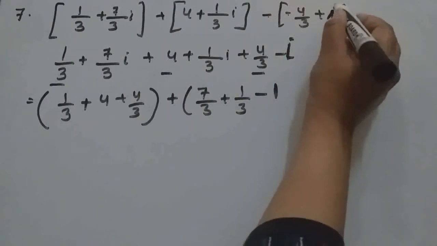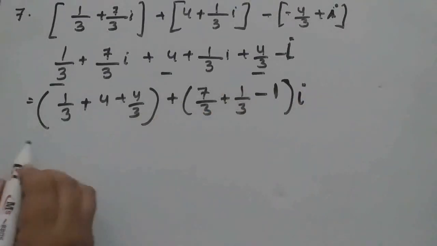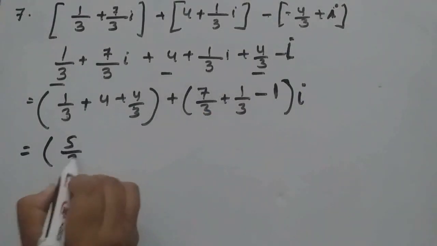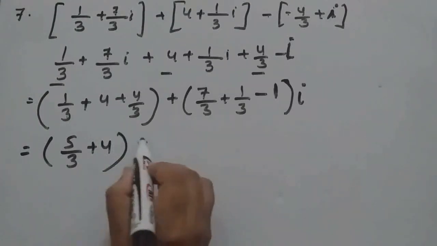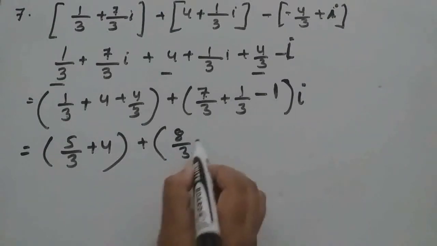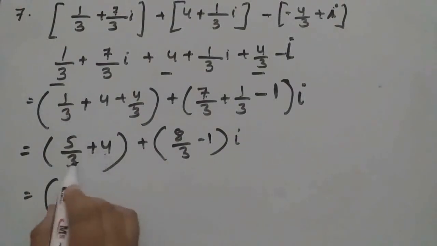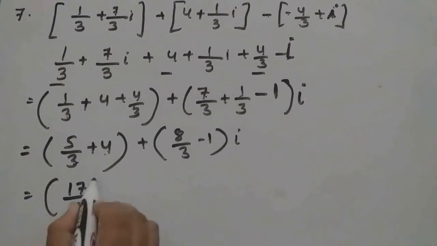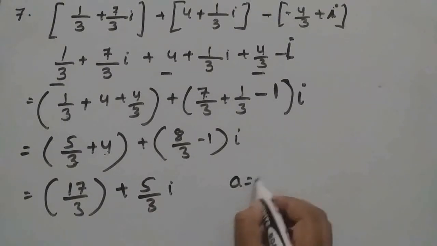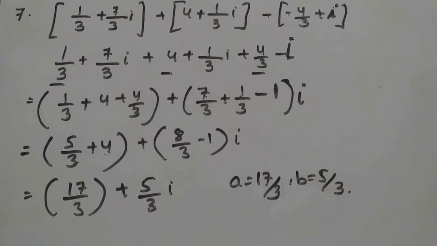This is minus i. So 1 and then common i. So 1 by 3, 4 by 3 will be 5 by 3 plus 4 and here 7 by 3 plus 1 by 3 means 8 by 3 minus 1. Now cross multiplication we can do, 17 by 3 and here 5 by 3i. So a is 17 by 3, b is 5 by 3.